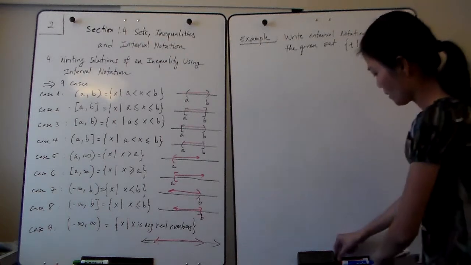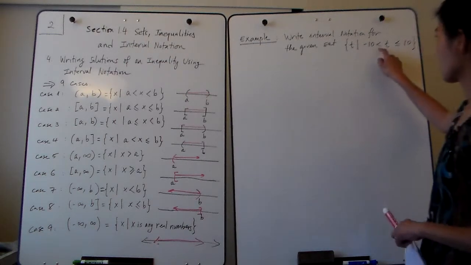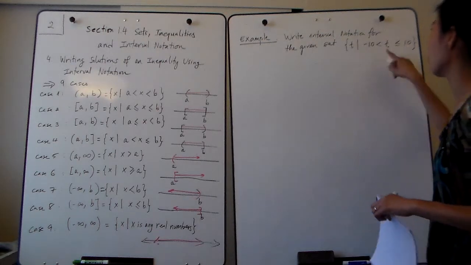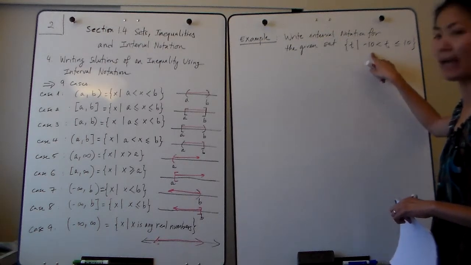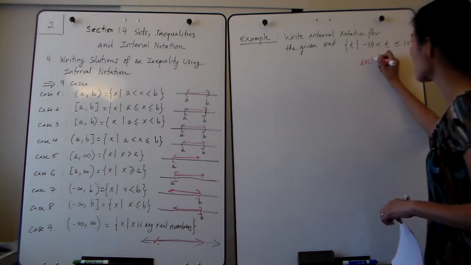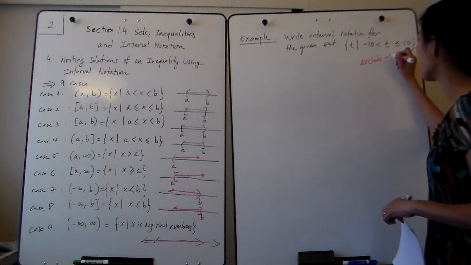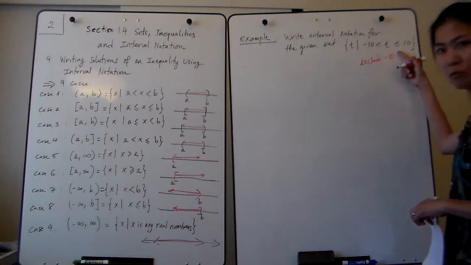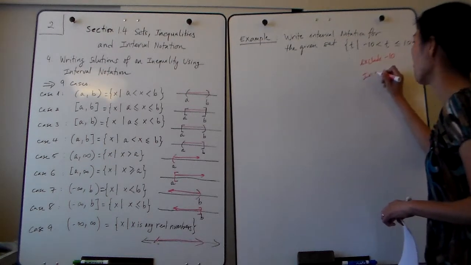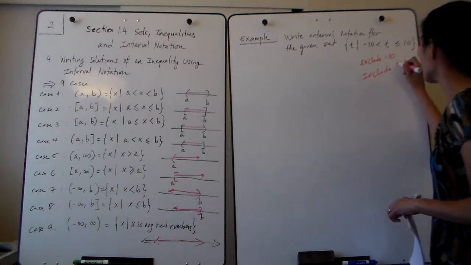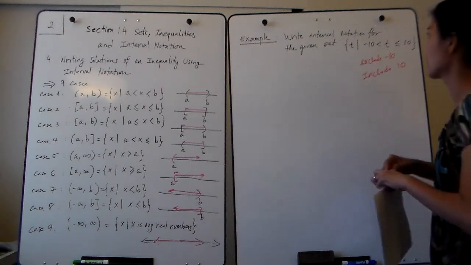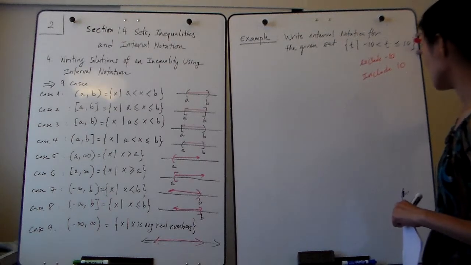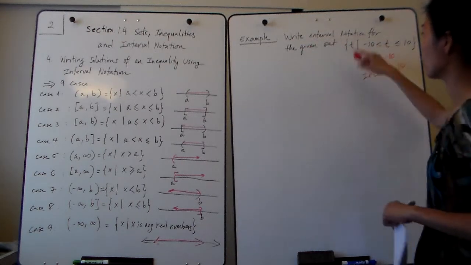Notice that for the left endpoint we use less than, meaning we don't include the left hand side, so we exclude -10. But on the right hand side, we use less than or equal to, I mean we include 10. So we're going to write this set notation in interval notation.